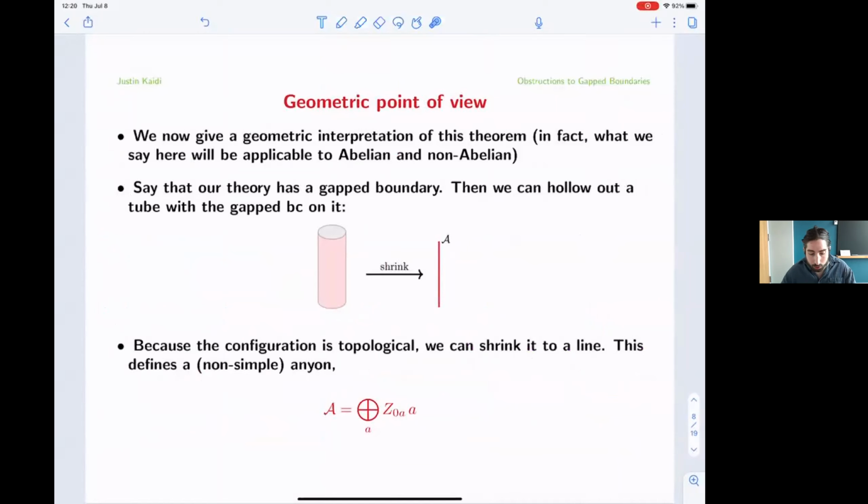So I now want to give you a geometric interpretation of the Lagrangian subgroup, and then we'll prove, well, really just half of this theorem using geometric means. And I want to emphasize something, which is that what I'm about to say on the next few slides is applicable to both abelian and non-abelian theories. So we're now going to let ourselves go beyond abelian for the next couple of slides.